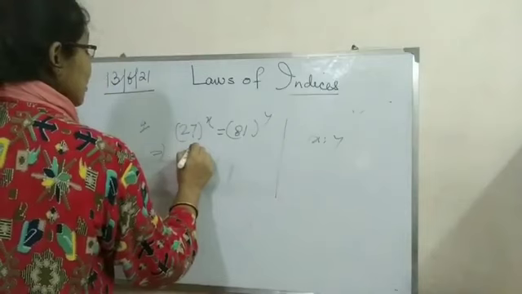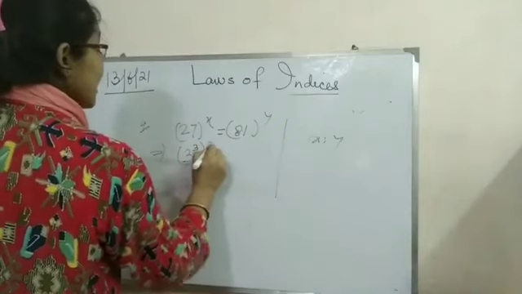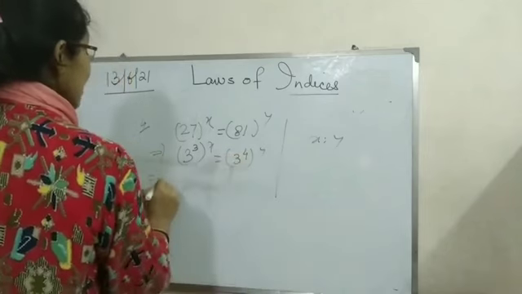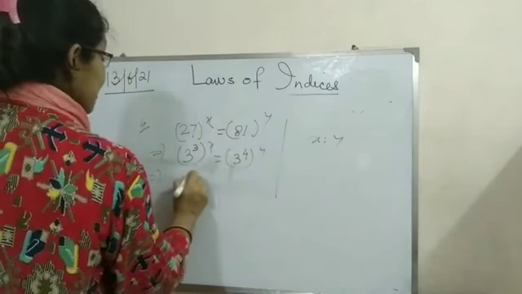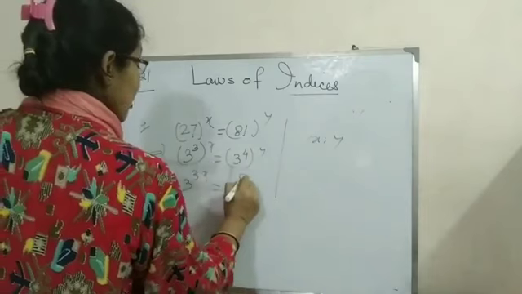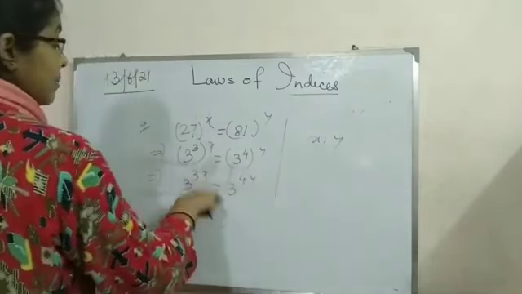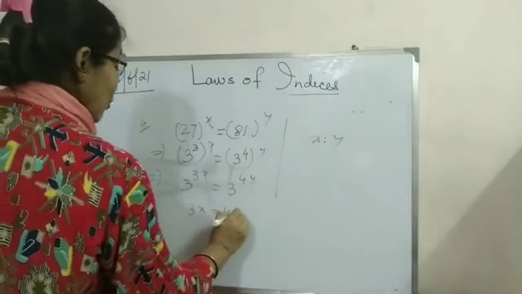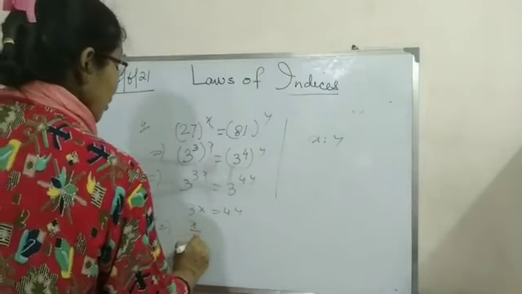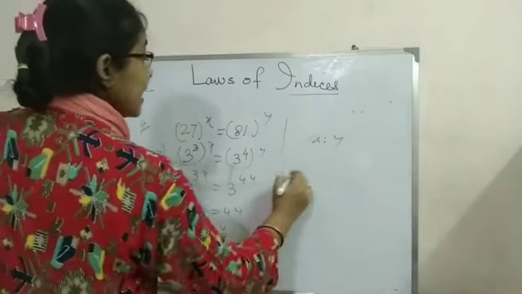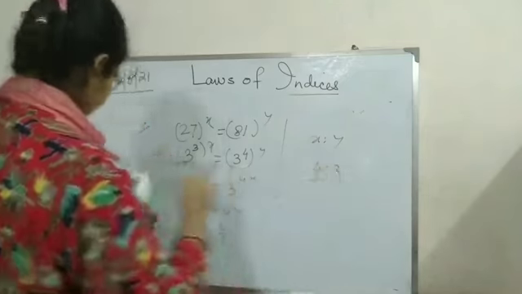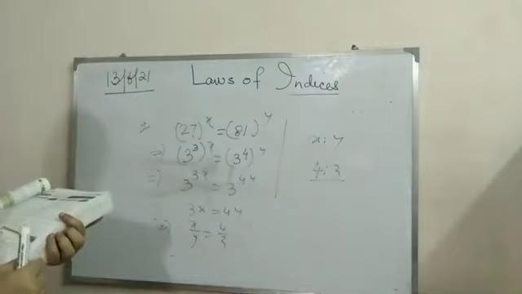This is equal to 3 to the power 3x and 3 to the power 4y. So 3 to the power 3x equal to 3 to the power 4y. The base is the same and the powers are different. So I can write 3x equal to 4y, that is x by y equal to 4 by 3. Answer is x is to y equal to 4 is to 3. And so on.